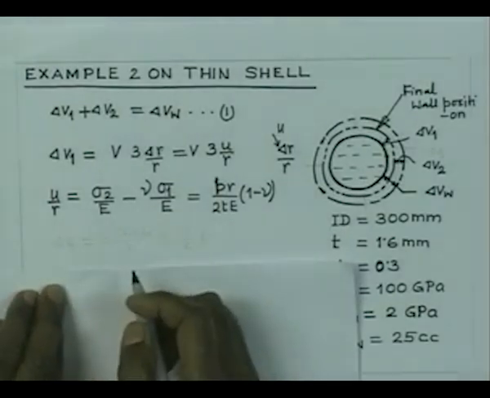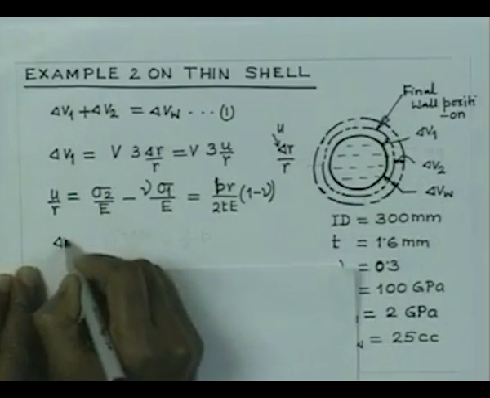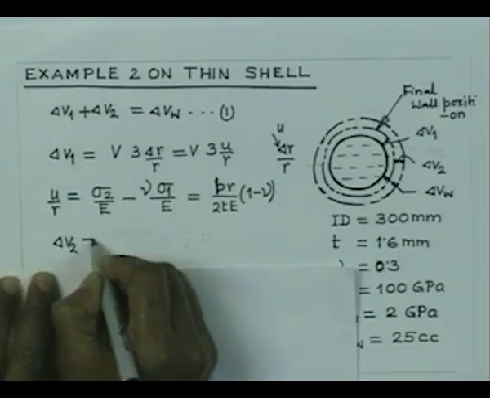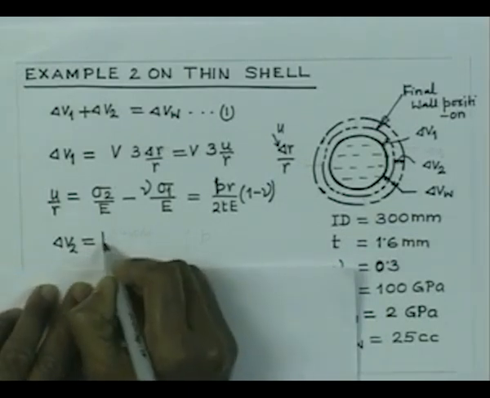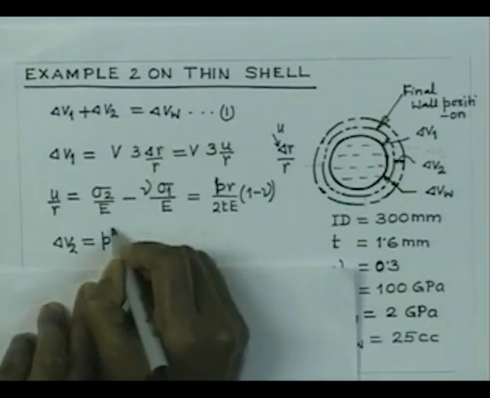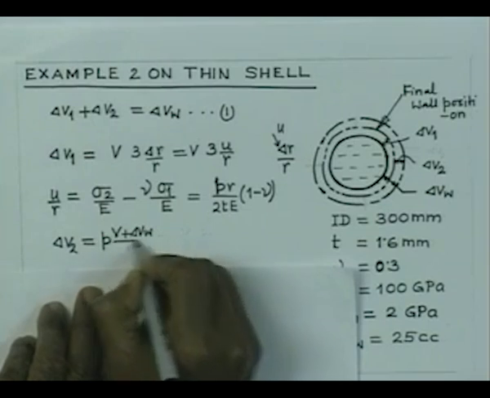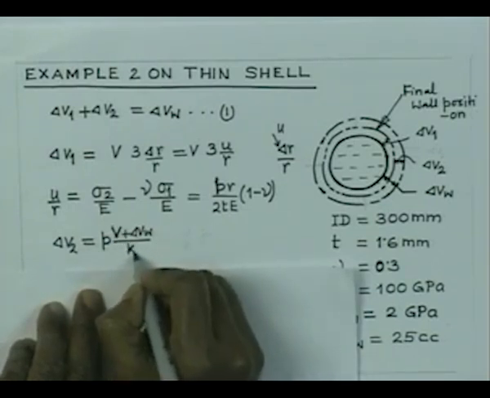And now, what is delta V2? Delta V2 is the compression of the water sphere, and that should be available from P by V plus delta VW, that is the total volume of the water divided by the bulk modulus.